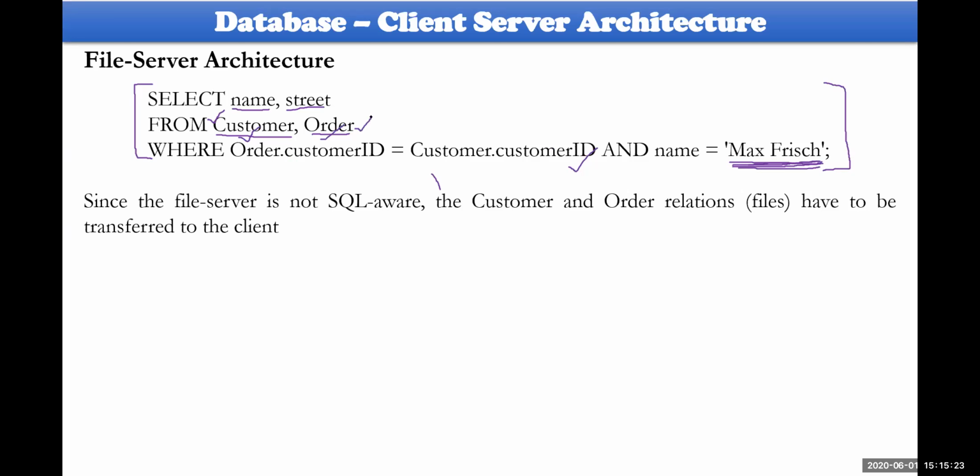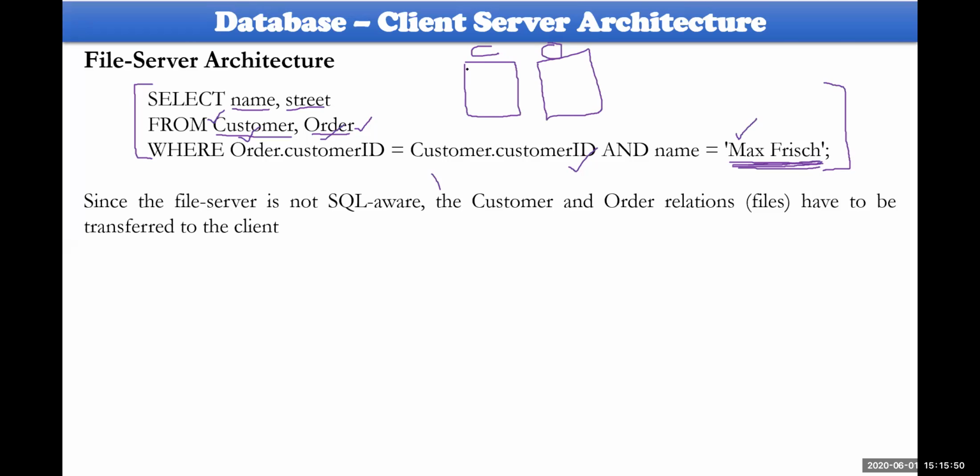He wanted to get how many orders have been made by Max, which is the question given by the workstation to the file server. So what the file server does is, let us consider this is the customer database and this is the order database.